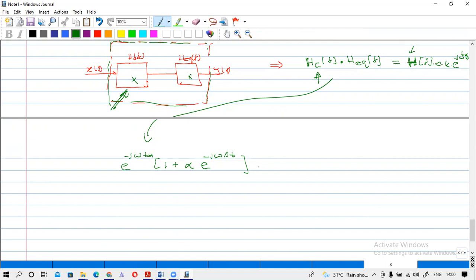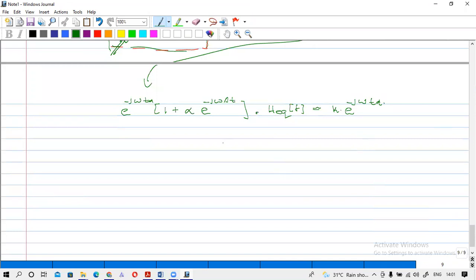H_C(f) times H_EQ(f) is equal to or approximately equal to K e to the power minus j omega TD.